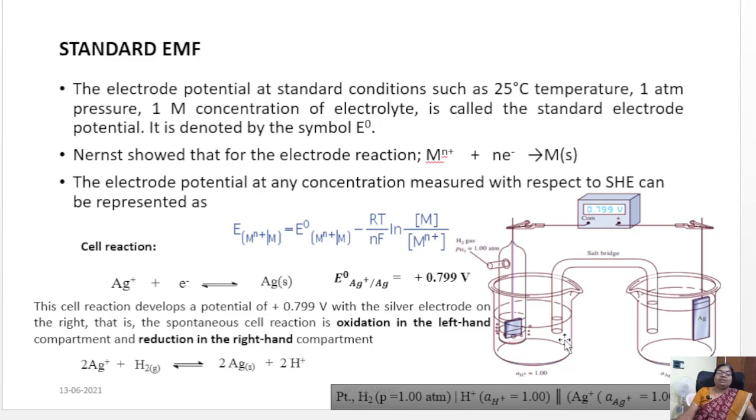It is a positive one. If the EMF of the cell is positive, it means that the cell reaction will be spontaneous.